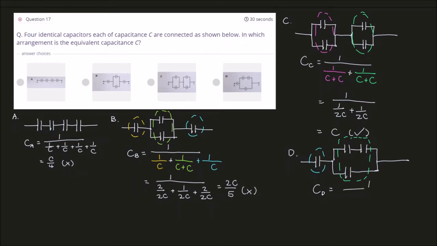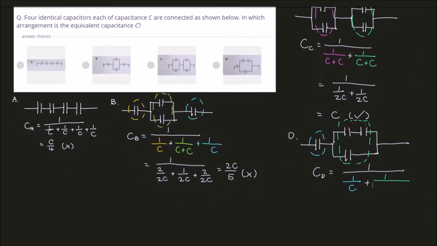So I expect something like 1 over, then you have 1 over C, then you also have 1 over something. You need to find the capacitance for this part, and you need to find a combined capacitance of these two branches.